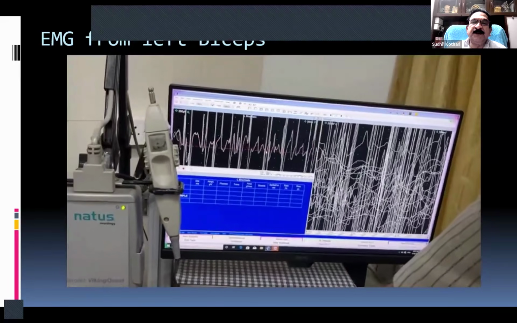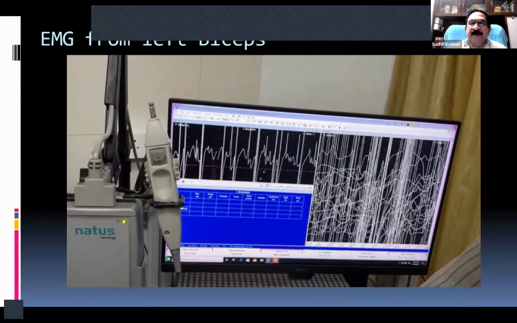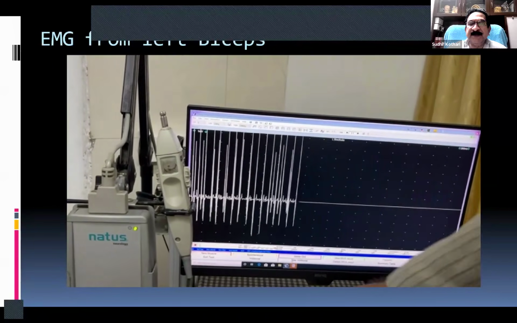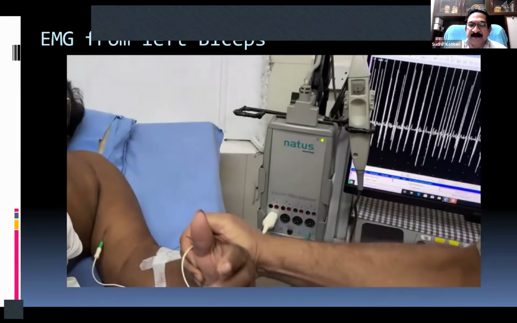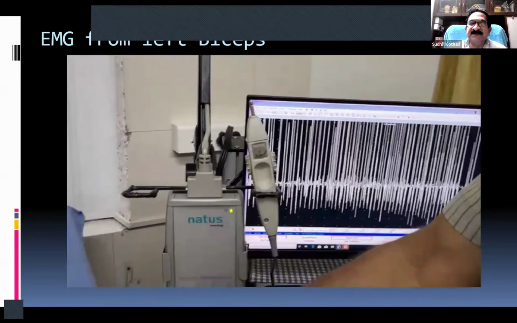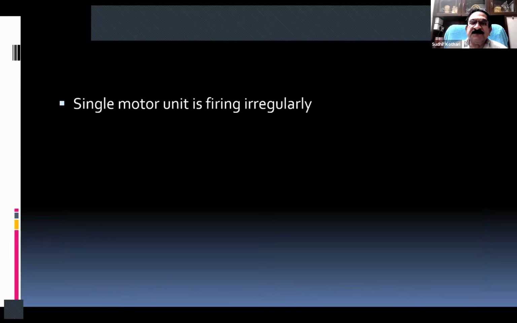Now jumping to the next. So a single motor unit is firing irregularly. Now what will you like to do?